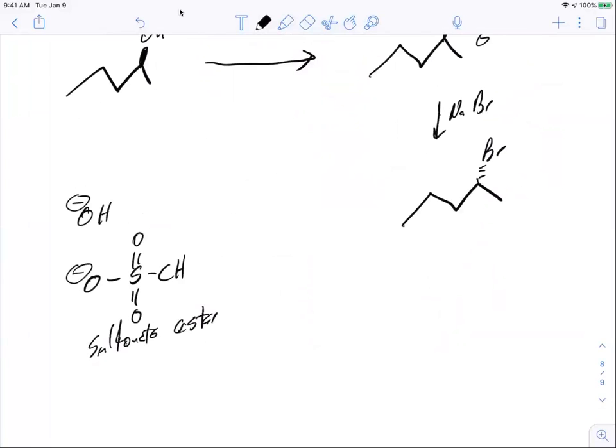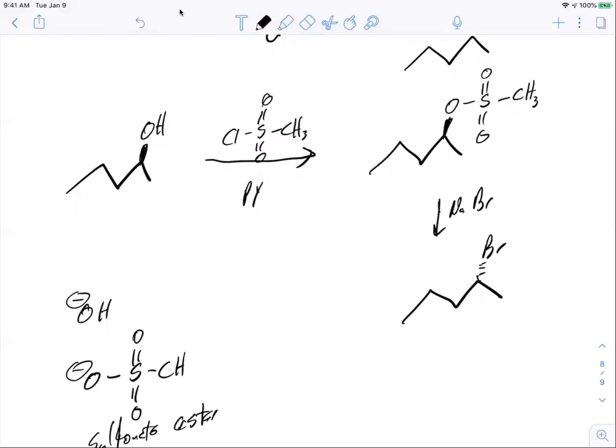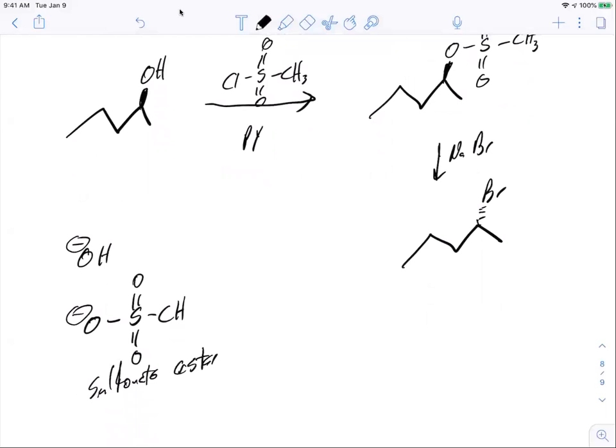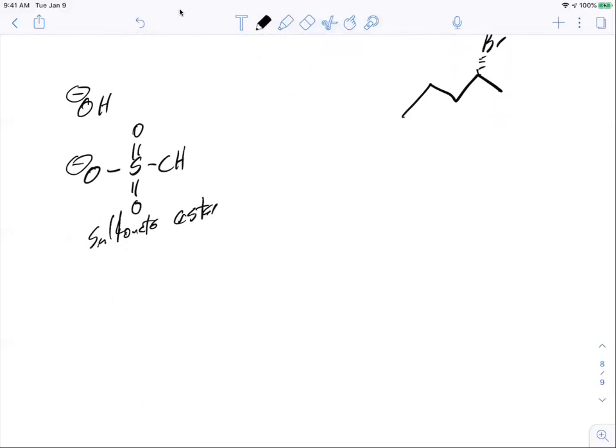Questions about this one? The way we do this is react it with, and we'll look at this mechanism later, this mesyl chloride compound and turn it into the sulfonate. Then the sulfonate becomes a good leaving group. And so then the bromide will kick off the good leaving group. The other one you're going to see for sulfonate esters would be the tosylate.